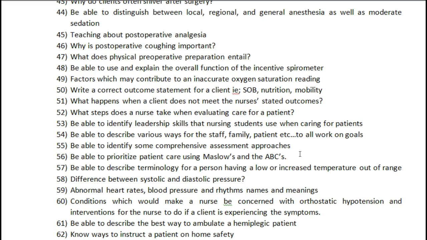First you look at how you're going to take care of the physical, using Maslow. After that, if you've got two things that are physical, you go into your ABCs.